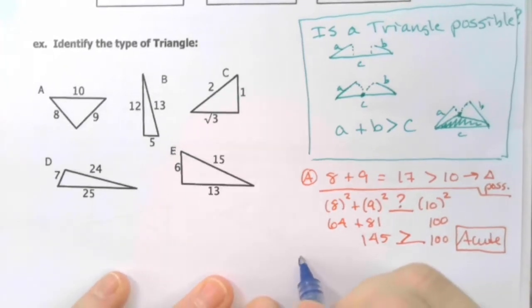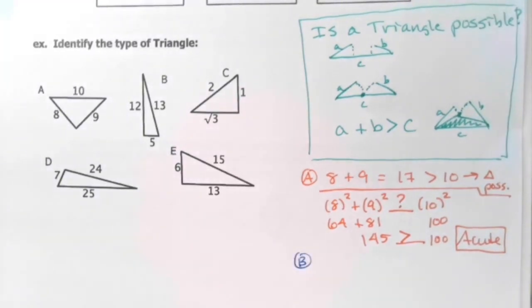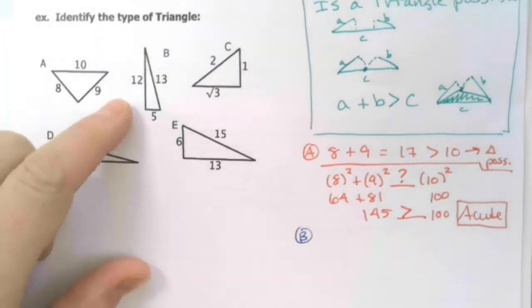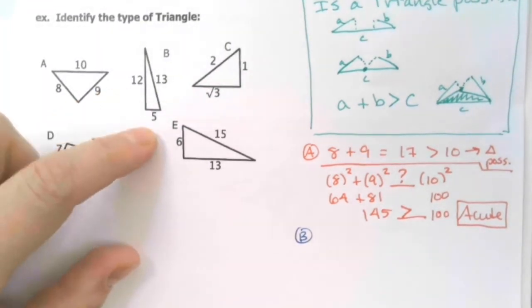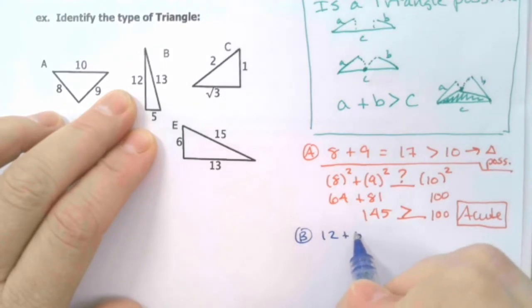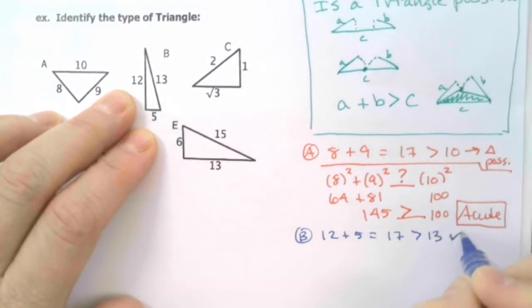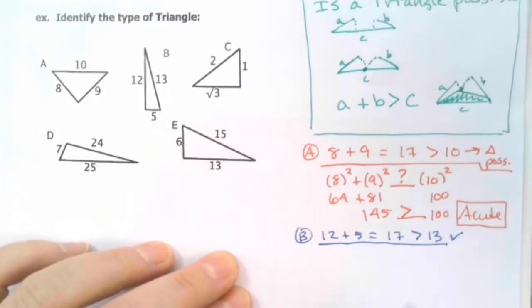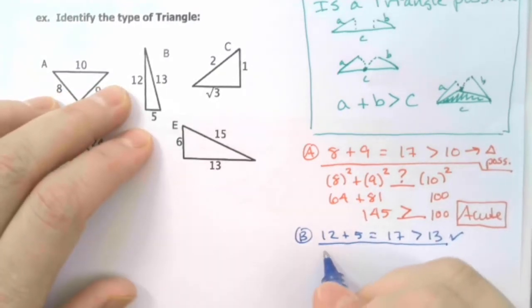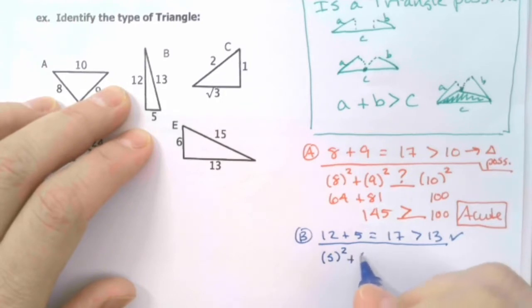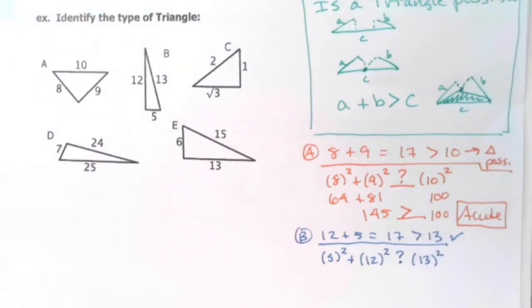Okay, let's look at triangle B. First, let's check and see if a triangle is even possible. The small sides are 12 and 5, so 12 plus 5 is 17. 17 is greater than 13, so we're good to go for the triangle. Now let's figure out the type. We're going to take small side squared plus the other small side squared. What is the relationship to the biggest side squared?